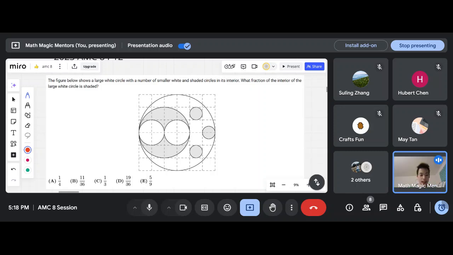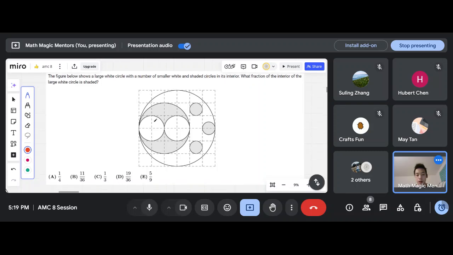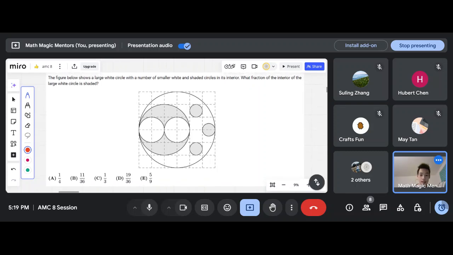That doesn't usually happen. They usually have a subset of concepts that they actually pull up. So you're not going to see something brand new like calculus that you're going to need to use on an MC8 problem, right? But in this instance, we can use area, and so let's do that right now.